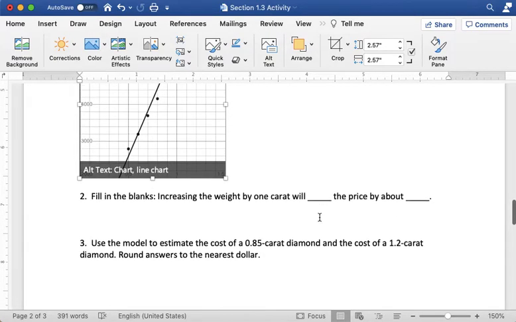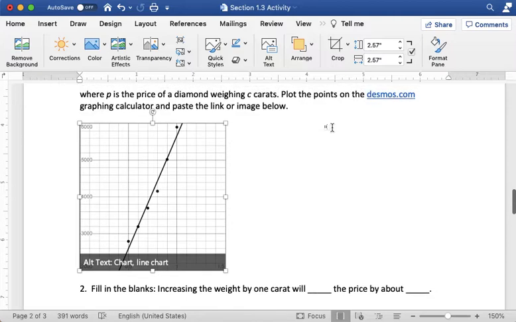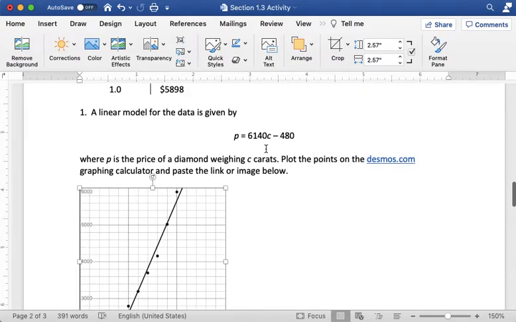So, question 2 says fill in the blanks. Increasing the weight by 1 carat will blank the price by about blank. So looking at the equation is the easiest way to figure this out. So my equation, P equals 6,140 C minus 480. The 6,140 is the slope.